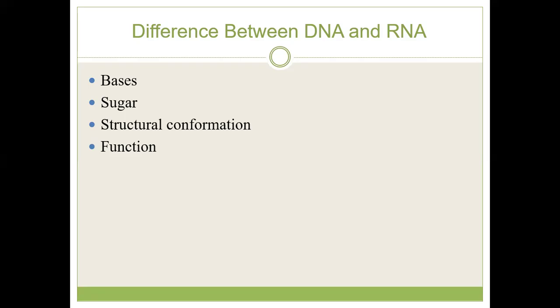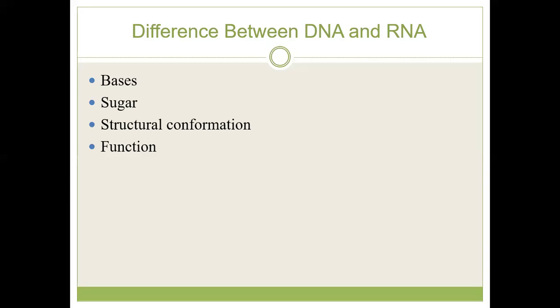So we have seen the difference with respect to the base composition. We have seen the difference with regard to the chemical nature of the sugar: one is ribose, one is deoxyribose. With respect to structural conformation, RNA exists as single strand, while DNA exists as double strand.